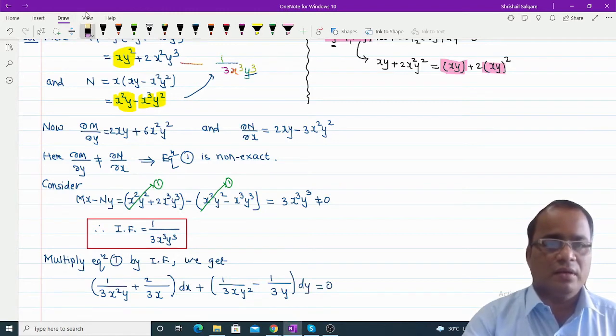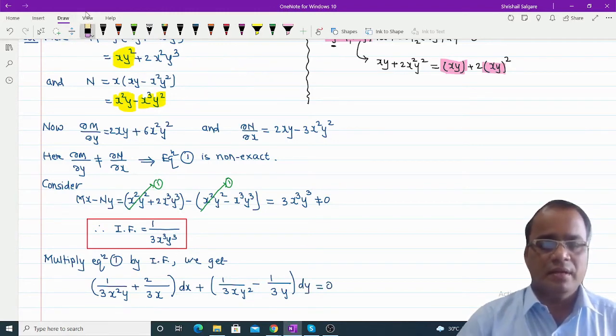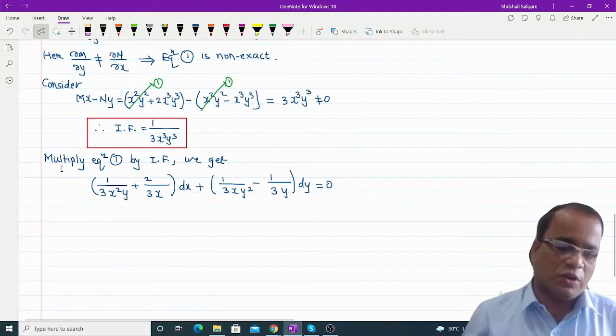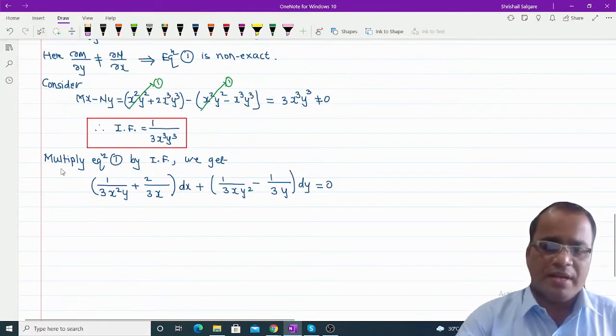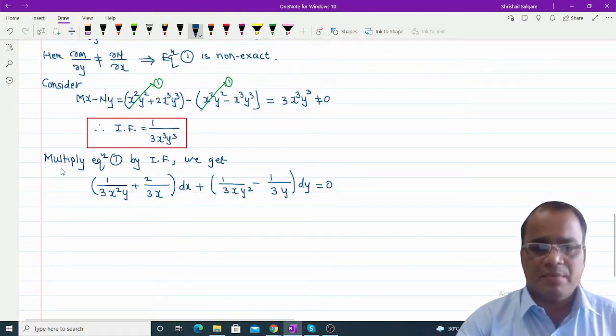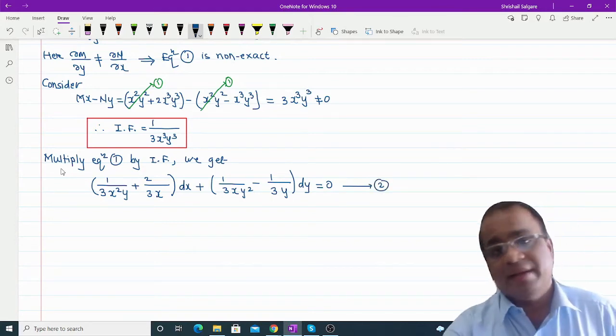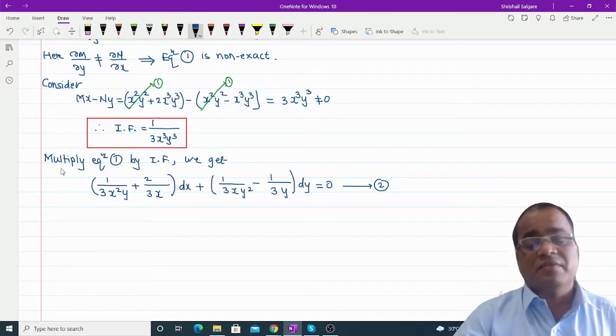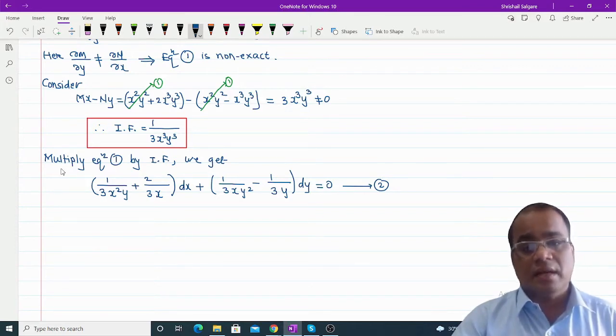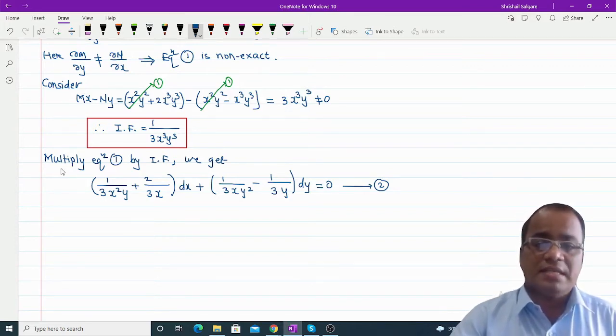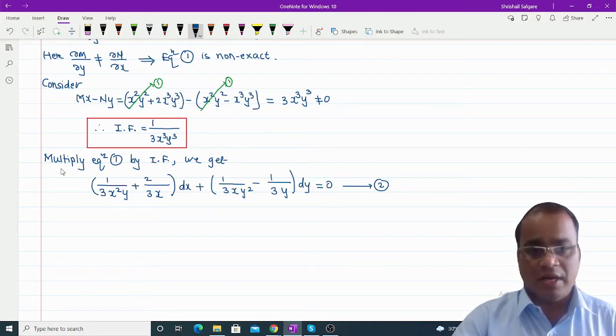Now I will rub this one. Okay. Now this is a new equation. So what does the result say? When you multiply the given non-exact equation by an integrating factor, then that equation becomes exact. Remember, it is not necessary to verify whether this equation is exact or non-exact.